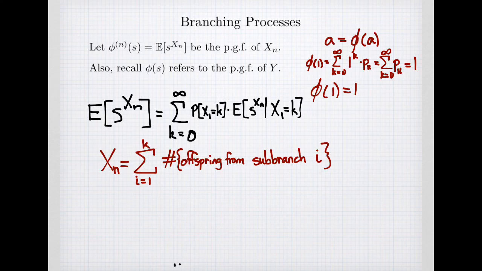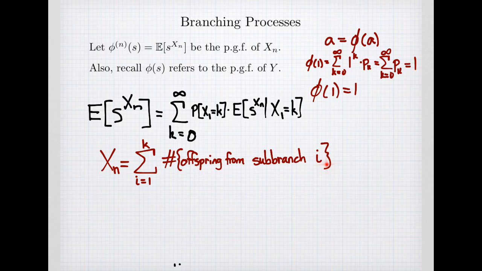Alright, so here's how it works. What we found is this expansion, and in our previous calculation, when I did the last step analysis, I thought about thinking of xn as the summation of offspring from individual I from the n minus 1 generation. And what we're now going to do is think instead of all of the sub-branches coming off of the first generation.